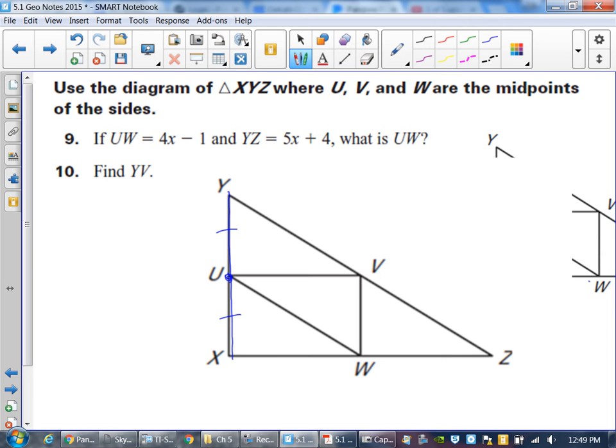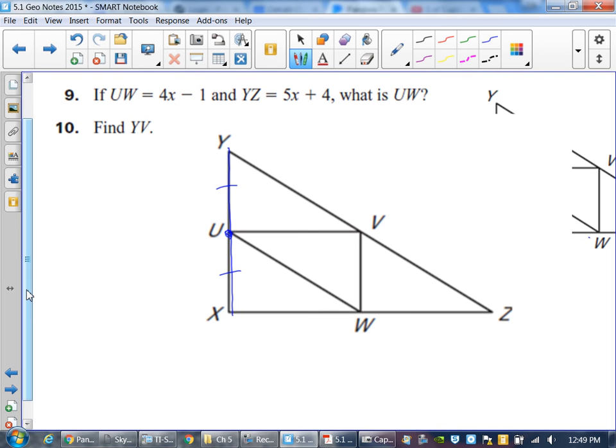It just goes right down the line. I do the same thing here. W is the midpoint, so these two are the same. Then I do the same thing on the other side. I have another midpoint at V, so these are the same.